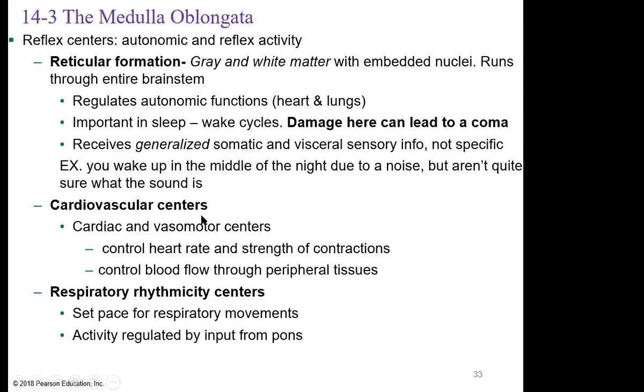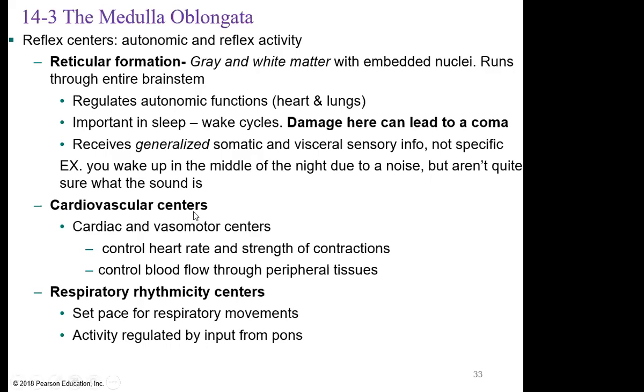So vasomotor means if our blood vessels need to move, they're either going to contract or they're going to dilate. So there's different situations where we might need to contract versus dilate.